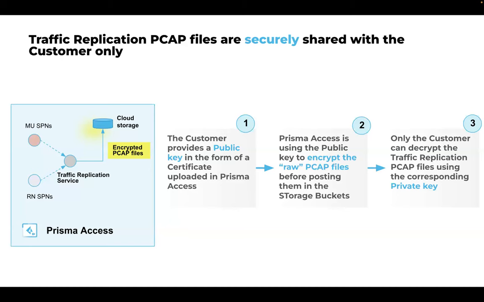So you, Mr. Customer, need to give us a public key. We'll use that public key to encrypt these PCAP files before storing them and sharing them with you in the buckets. So when they are at rest, they are encrypted with a key that only you, Mr. Customer, can decrypt. Only you have the private key to reverse the operation and get to the original PCAP that was intended for you in the first place.